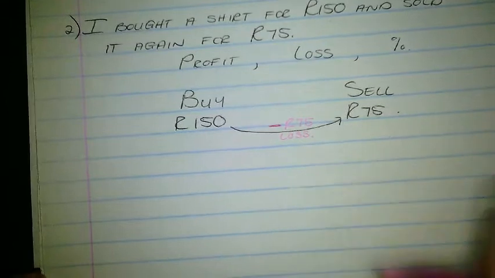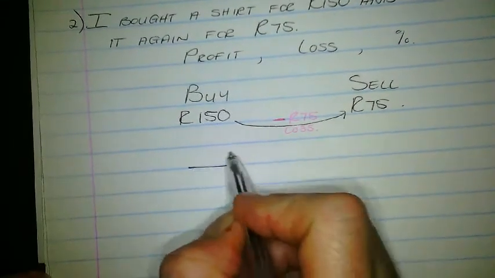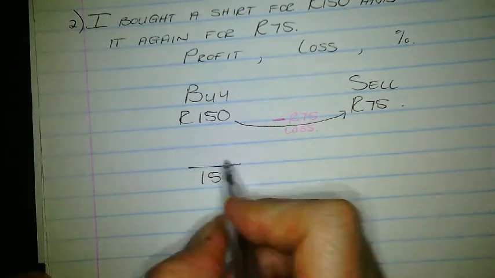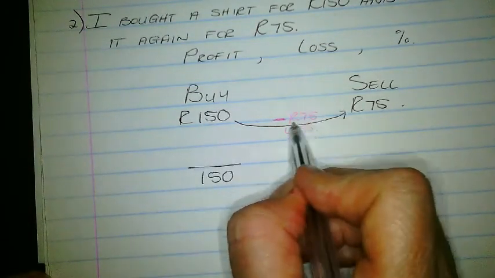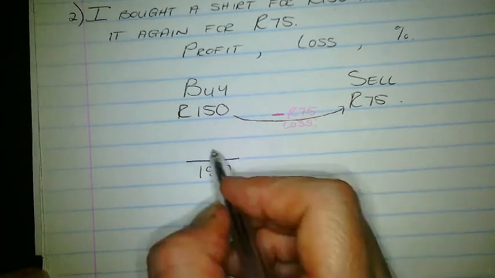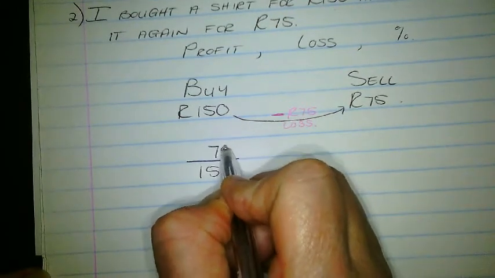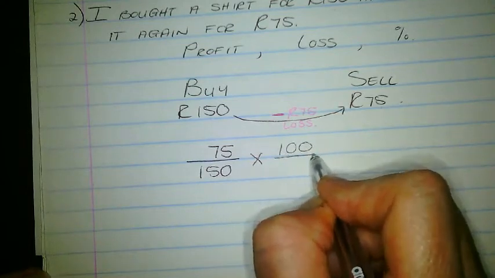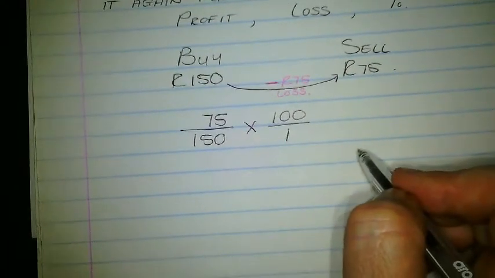Okay, now to do the calculation, and remember I said the first value is the denominator, and then the difference between the two, the 75 Rand, is going to become my numerator multiplied by 100 over 1 to get the percentage.